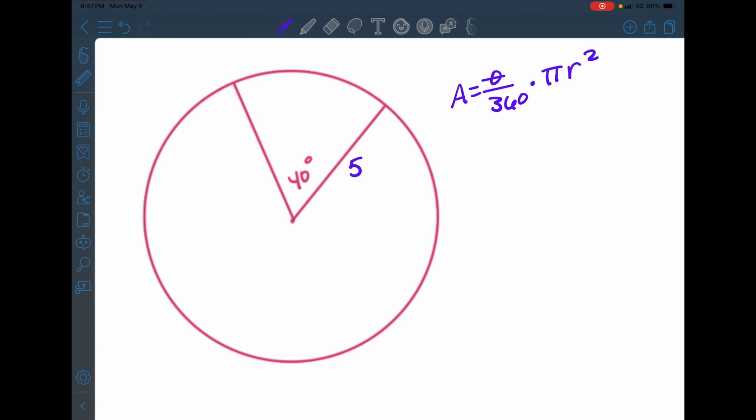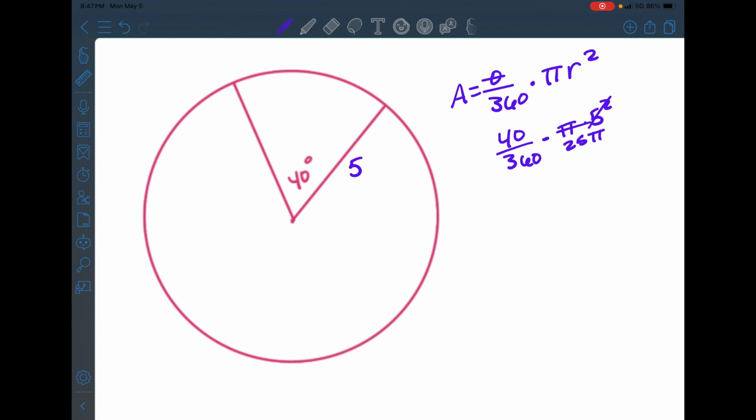I have those things. So it would be 40 divided by 360 times pi times 5 squared. So 5 squared is 25. So this would be 25 pi, and I'm going to leave pi.